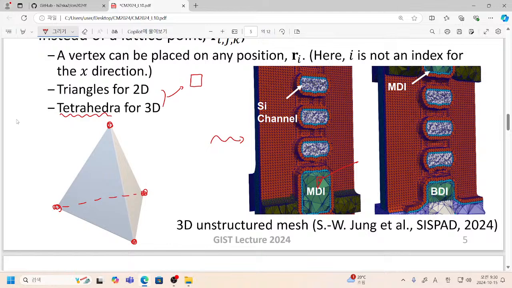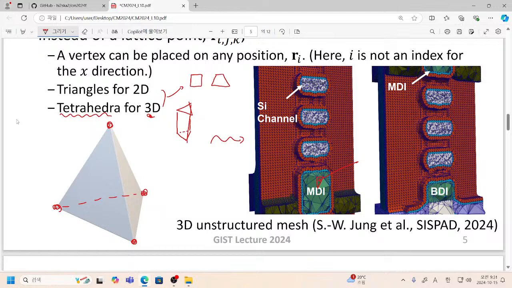Also, sometimes we can introduce a more general shape for describing our two-dimensional structure. Also, in the case of this three-dimensional structure, maybe tetrahedra seem to be perfect, but sometimes people also try to use this kind of shape.